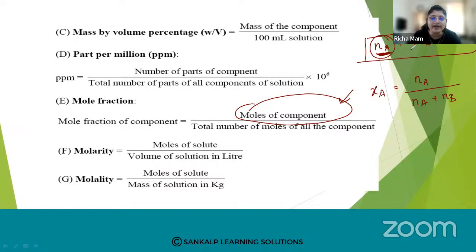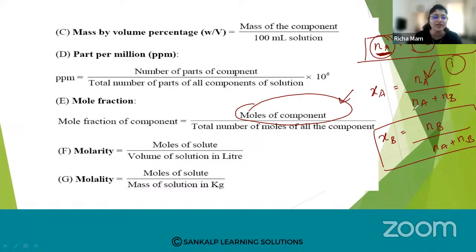Now, if I want to find the mole fraction of B, it will be Nb by Na plus Nb. Is it clear? So it is the ratio of the number of moles of one component to the total number of moles of all the components. Fine, so this is the mole fraction.